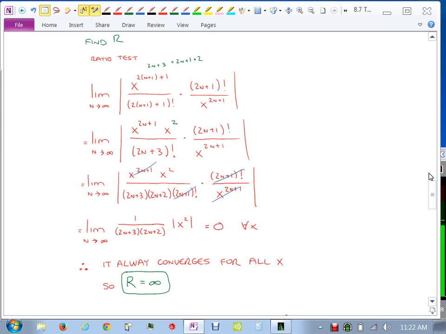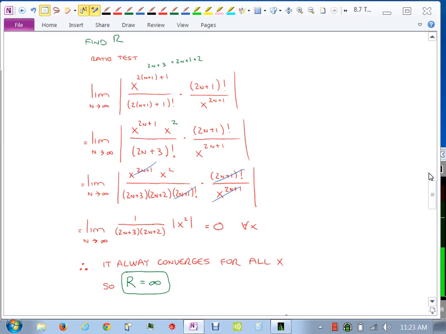Remember, ratio test is a sub n plus 1 over a sub n, absolute value. So I do it all here, and I'll leave it to you as an exercise to verify this. What you get at the end is this, right here. And because as n goes to infinity, this goes to 0, it doesn't matter what x is.